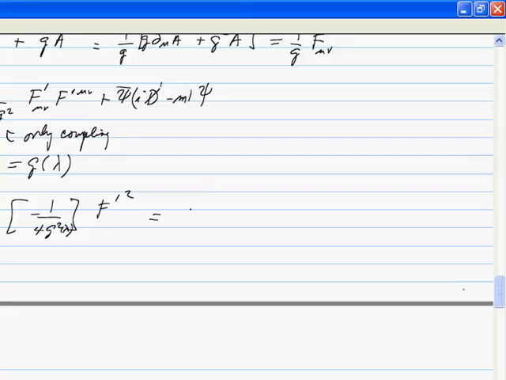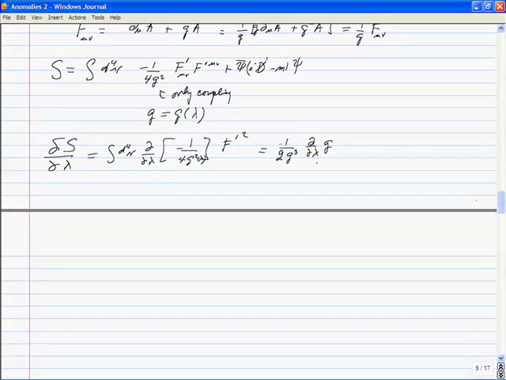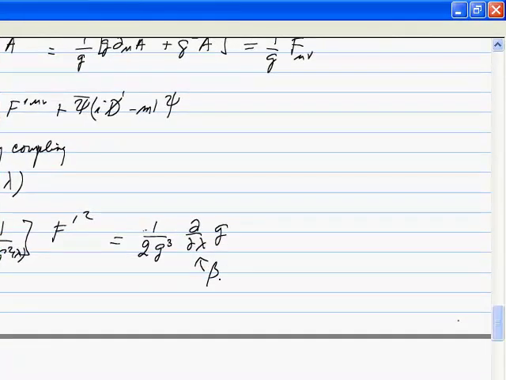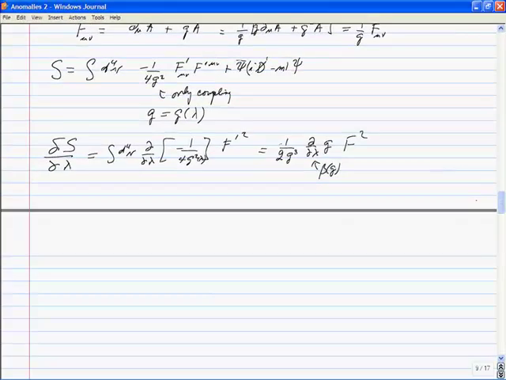So this is then 1 over 2g cubed d by d lambda of g. D by d lambda of g is the beta function of g, times F squared. The integration is there, of course, also.